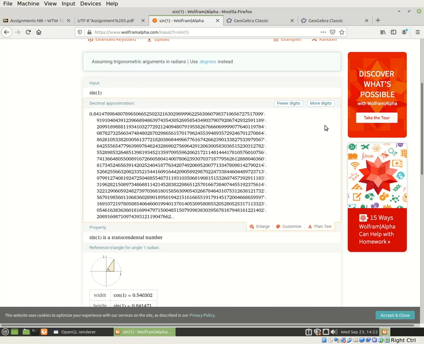How does that work? There are many ways of doing it, but one way is to use Taylor polynomials.